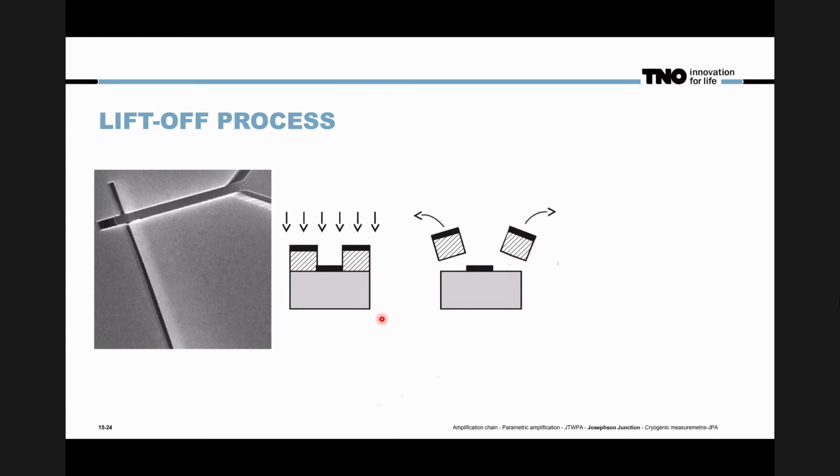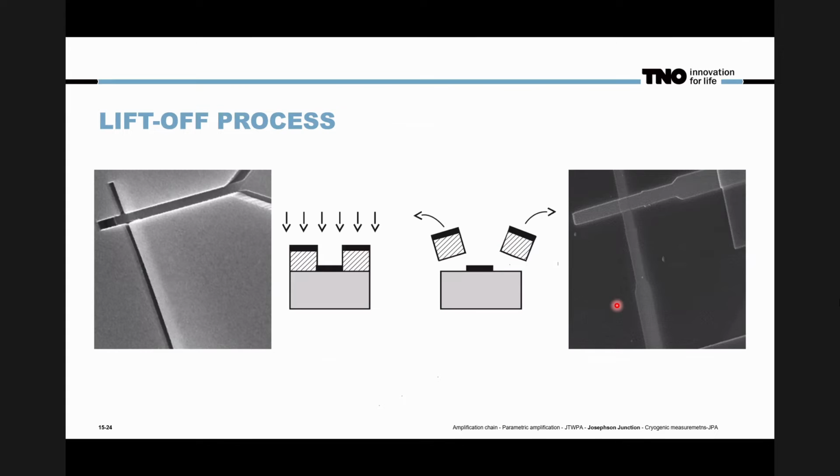The liftoff process uses a solvent that dissolves the B layer resist under the aluminum here, which causes the aluminum and the resist to lift off. And so only the aluminum evaporated on the substrate will be left over.